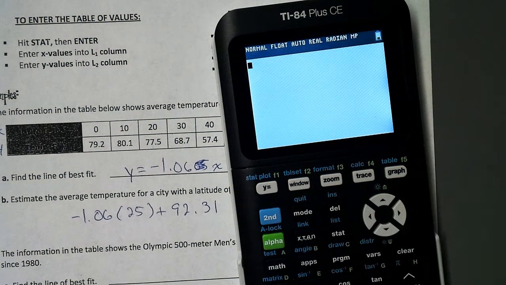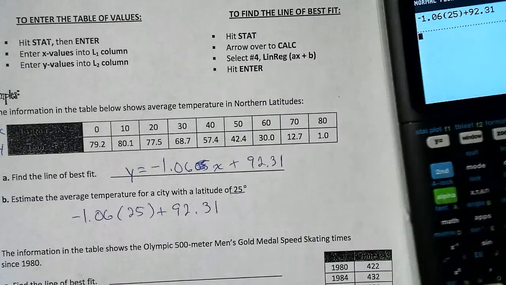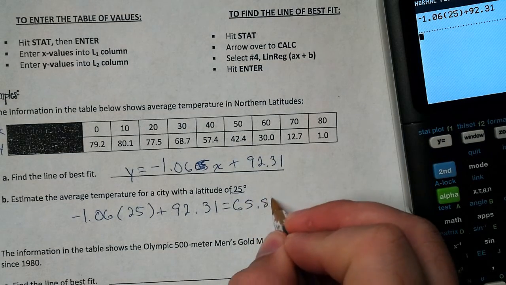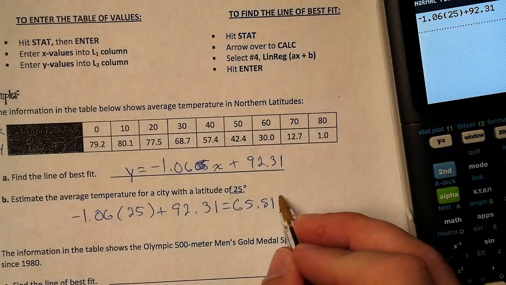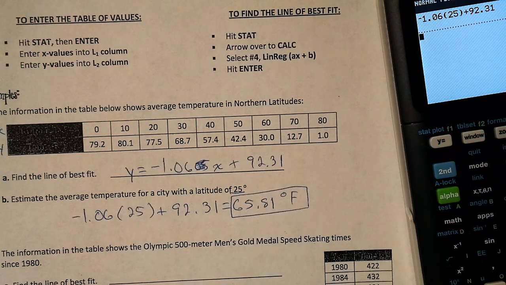So second quit to get out of that menu, and let's do negative 1.06 parentheses 25 plus 92.31. And I end up getting 65.81. So that should be the average temperature, degrees Fahrenheit, at 25 degrees latitude.